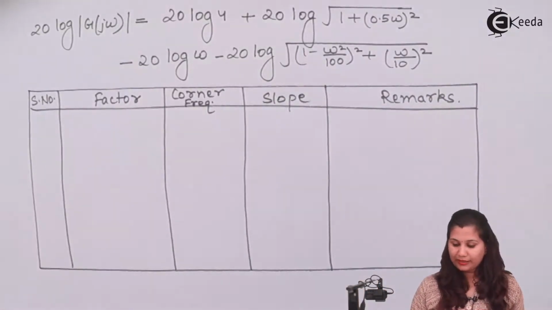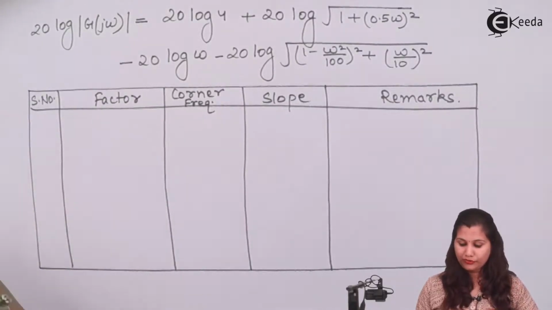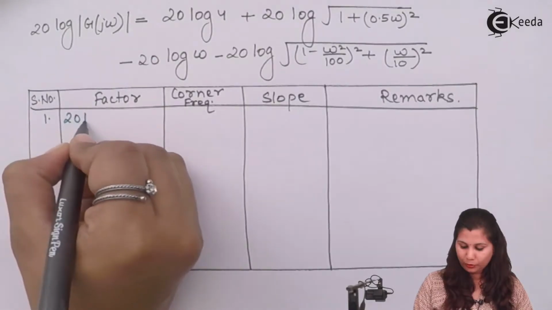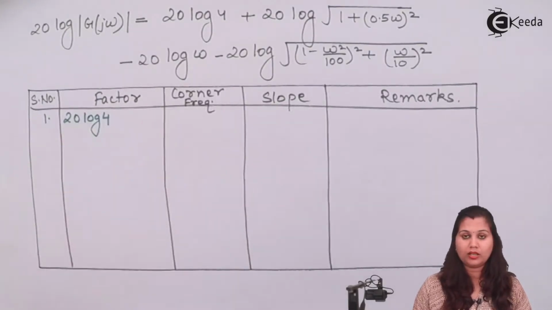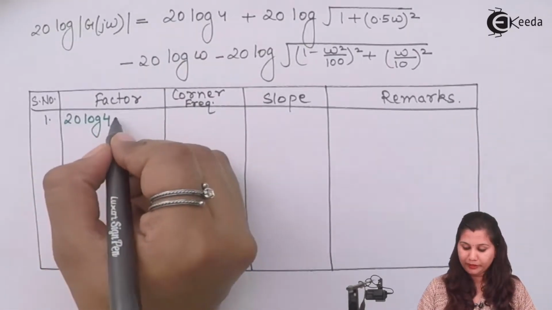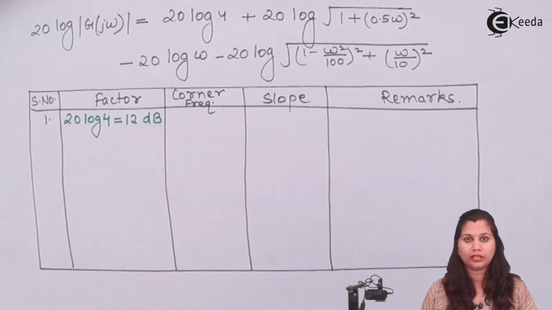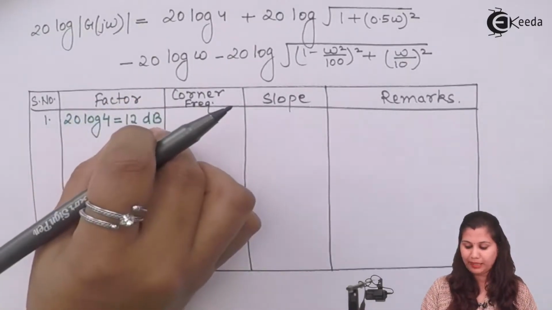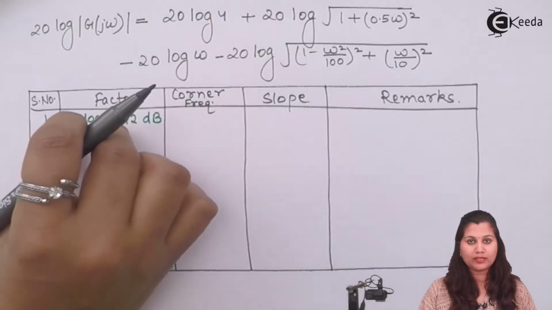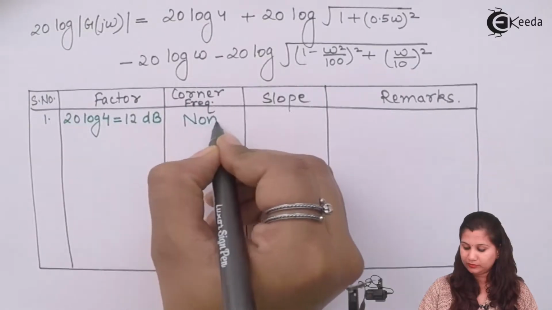So our first factor is 20 log 4, which is a constant term. Now when we calculate this 20 log 4, it will come out to be 12 dBs. So this factor is having the magnitude 12 dBs. Then the corner frequency for the constant term is 0, so we will write here none.